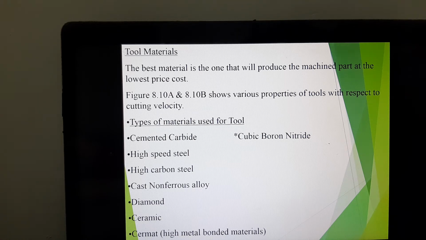So diamond is the best cutting tool material. However, because of cost, you wouldn't find it regularly used in a normal manufacturing industry. Besides that, you see I've got so many other options which can be used as a cutting tool material.